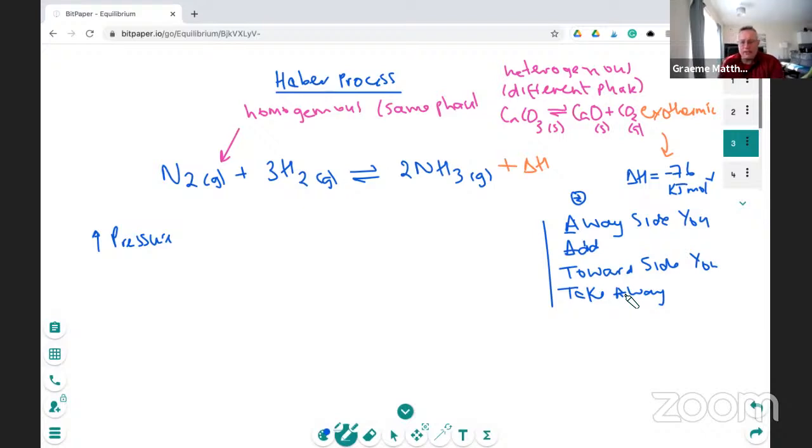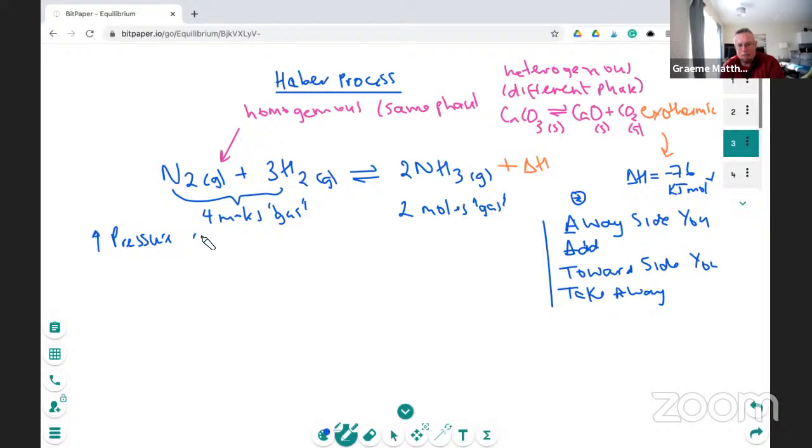So on this side, I've got 1 and 3, 4 moles of gas, and on this side I've got 2 moles of gas. It doesn't matter what it is. And so if I increase the pressure, it's going to move to the side with fewer gas molecules.